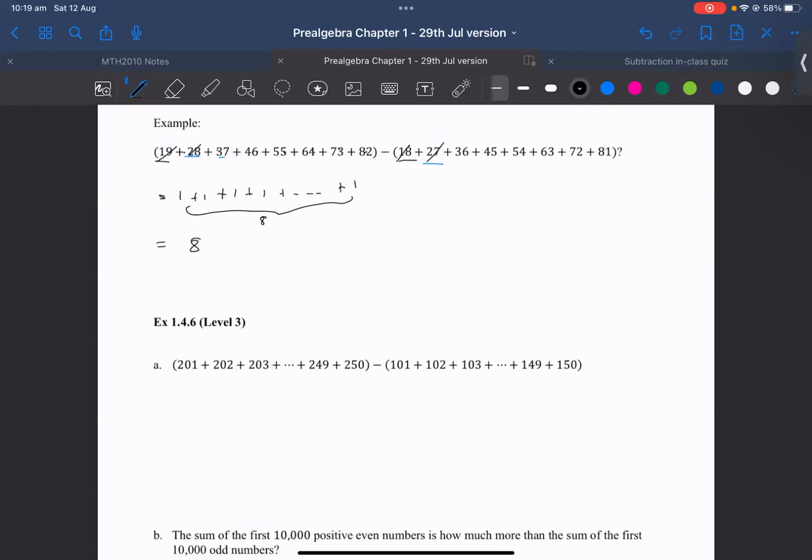Right. So, figure out just the difference. 100 and 50 was less. And don't forget the sum of the first.